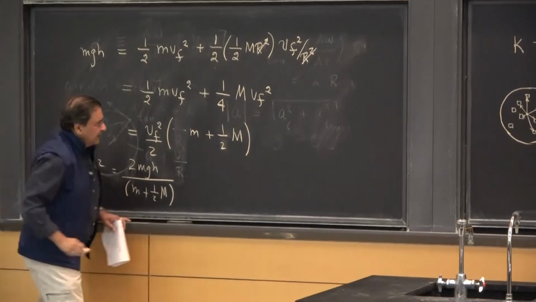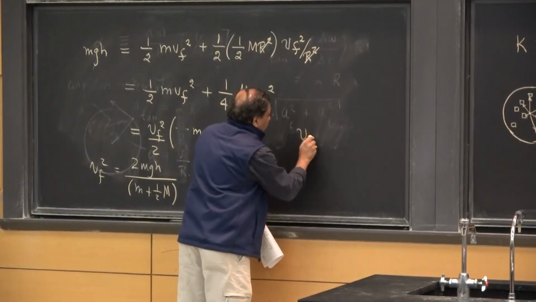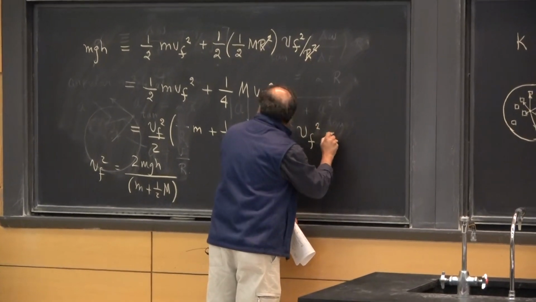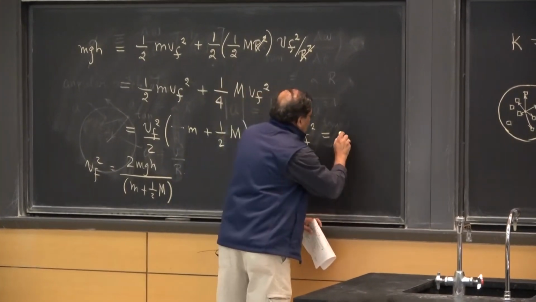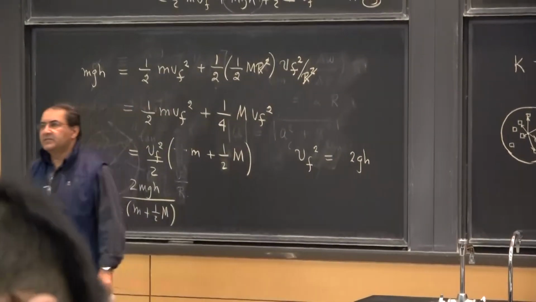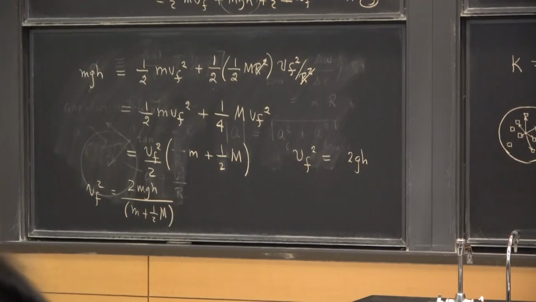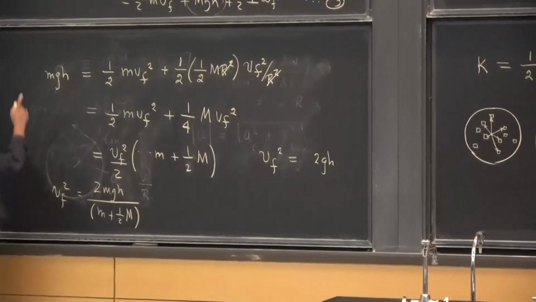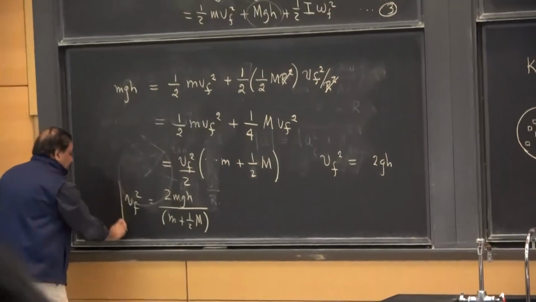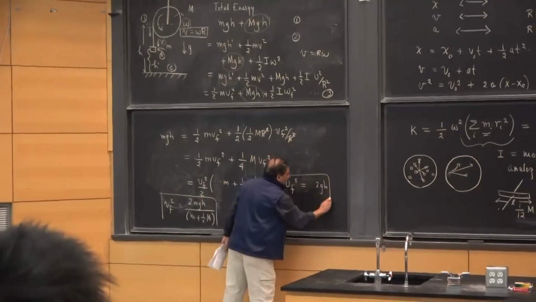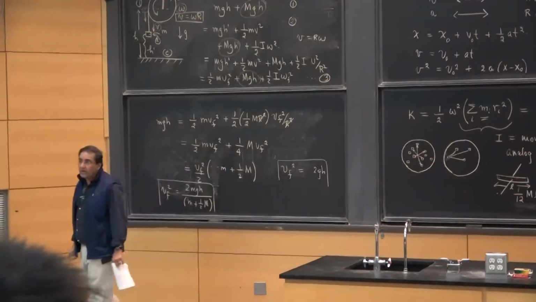So this is very different than what we had before, when v final squared is 2gh, which is what we have been seeing for free falls for a very long time. As you can see, the v final here, when you have this massive pulley, is very different from a free fall problem that we have now done for a long time. Why is it?